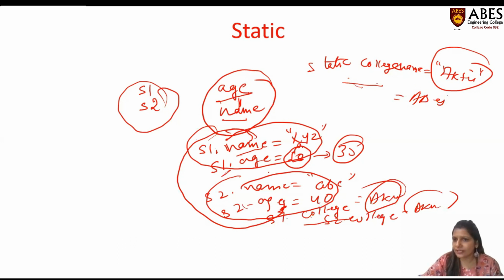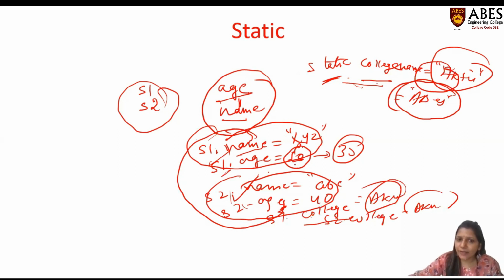It means the updated value will reflect in both S1 and S2, because if I declare a variable as static, the updated value reflects in both objects, but not in the case of the instance variable. So when I declare a variable as static, it is shared among all the instances of the class.